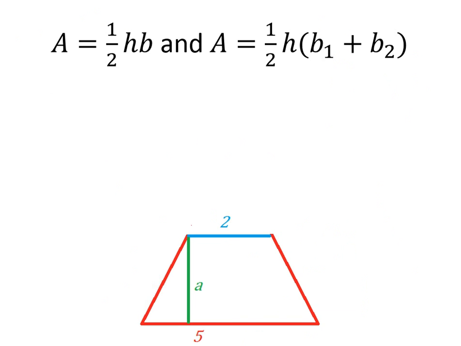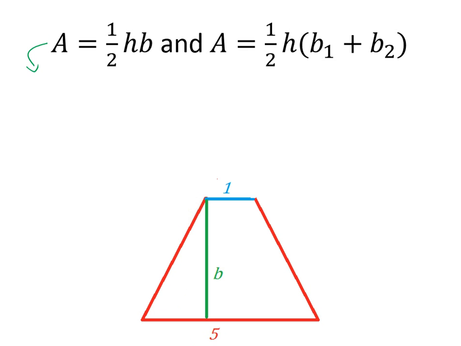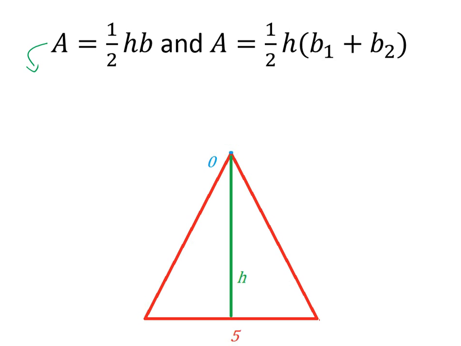Okay. So basically how we get this trapezoid formula is from the triangle formula. Remember, the triangle formula is 1/2 base times height. And our trapezoid formula is 1/2 the height times the sum of the bases. So here we have a trapezoid. Now, as we move up and make the top smaller and smaller, what happens is that when we come to a point, what's the length of the top base?